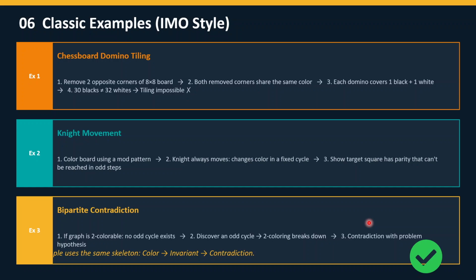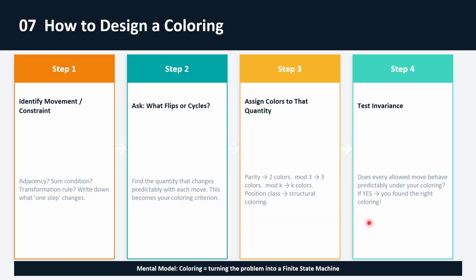Tomorrow I'll be solving 10 tough IMO level problems on coloring proofs. So tomorrow, if you see that video, you'll be completely able to apply this knowledge, even if you can't now.